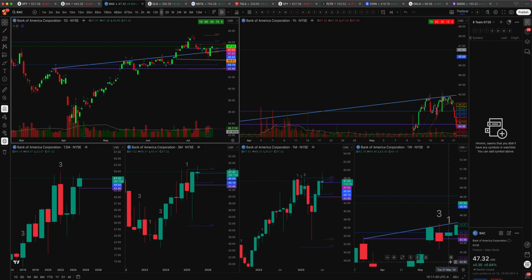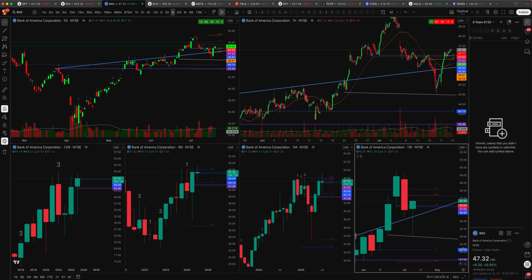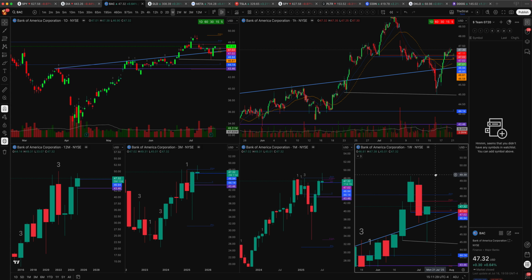But you look at the weekly setup, this is bonkers. It's so beautiful. So it can go target magnitude up to like 50 max, and maybe you could potentially expand the broadening formation. One thing I noticed is earnings actually already happened.